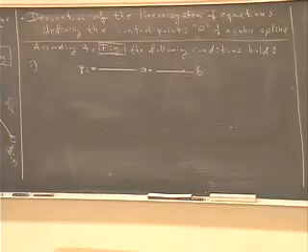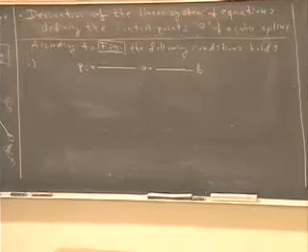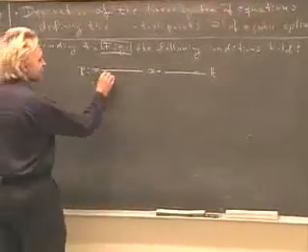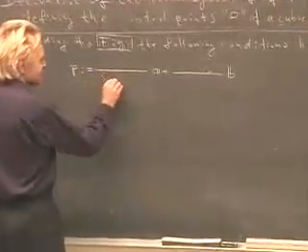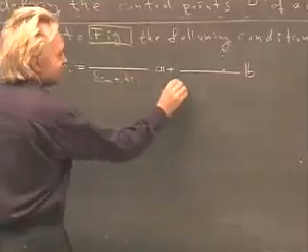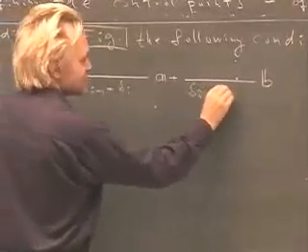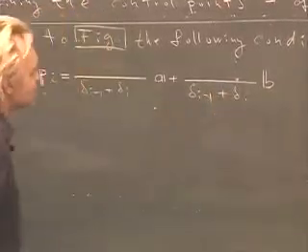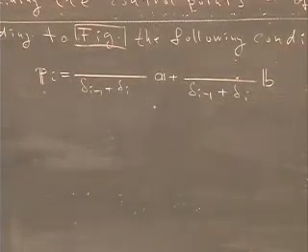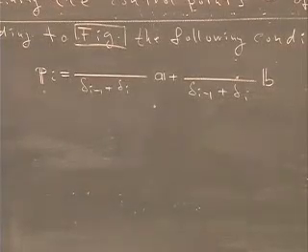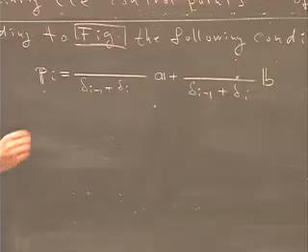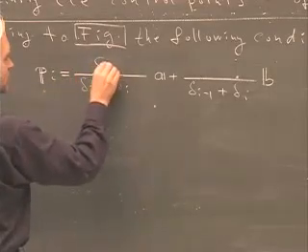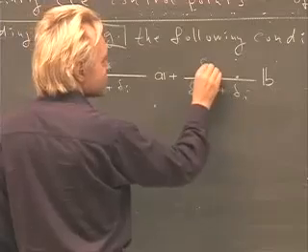I have to normalize by the total length of this, delta i minus 1 plus delta i, so I divide by delta i minus 1 plus delta i. And then in the numerators, the left point gets multiplied by the right weight, delta i. So delta i goes here, and delta i minus 1 goes here.